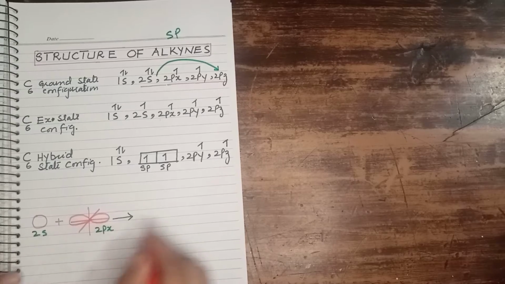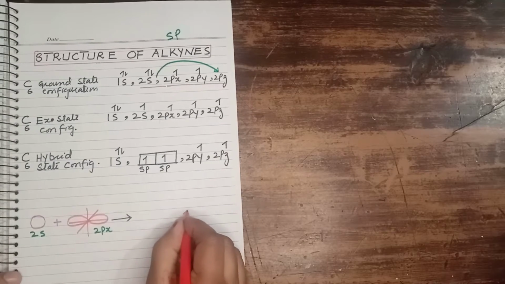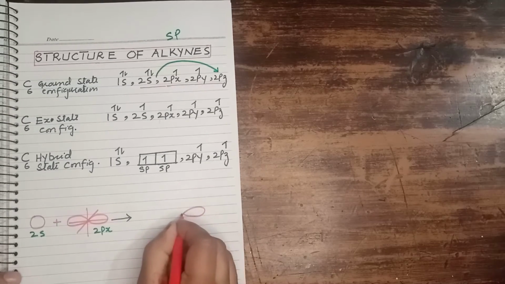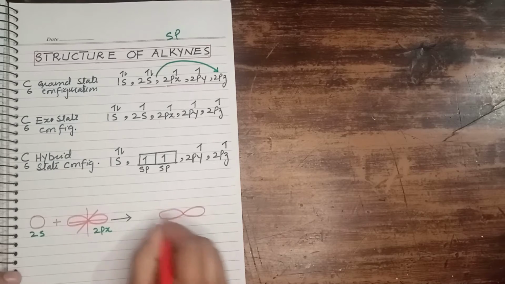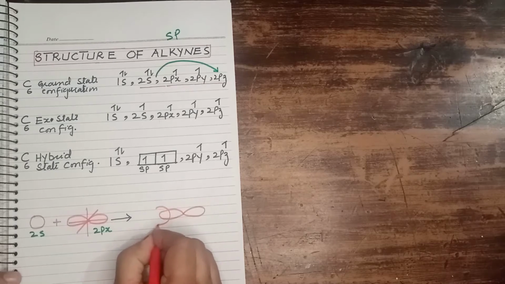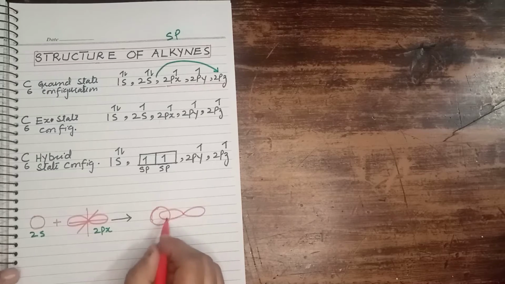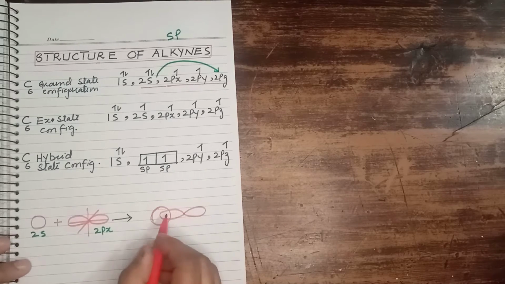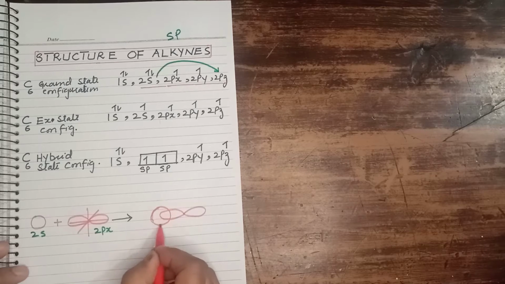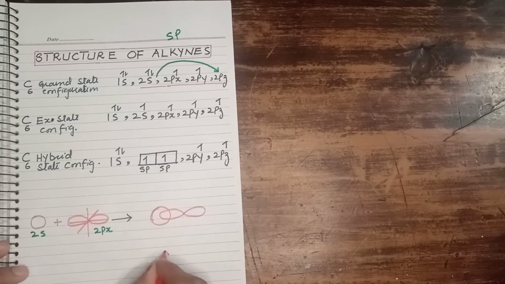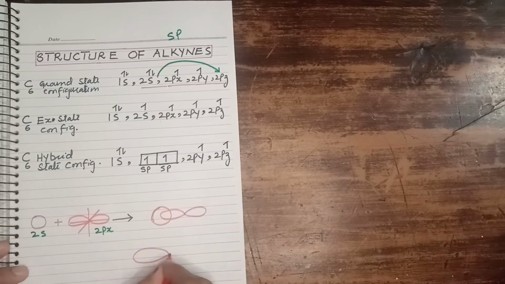Actually, here we have the 2px orbital and the s orbital is fused into it. The lobe of the 2px orbital where the s orbital is fused becomes larger, like this, while the other lobe becomes smaller.